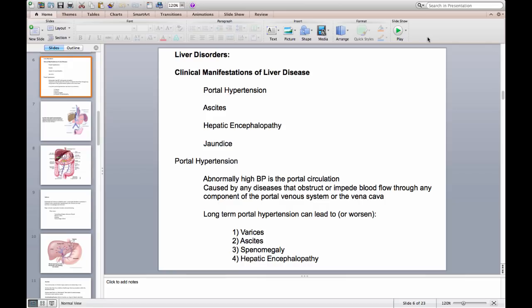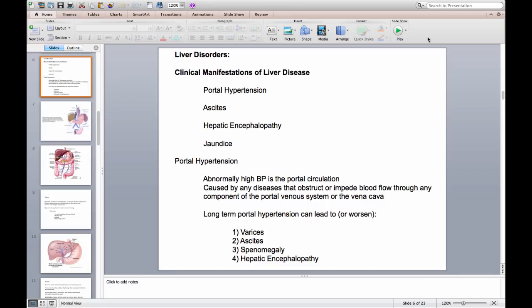So that bypassing of the liver means that the liver doesn't detoxify ammonia, right? And so ammonia gains access to the brain and it creates the encephalopathy.